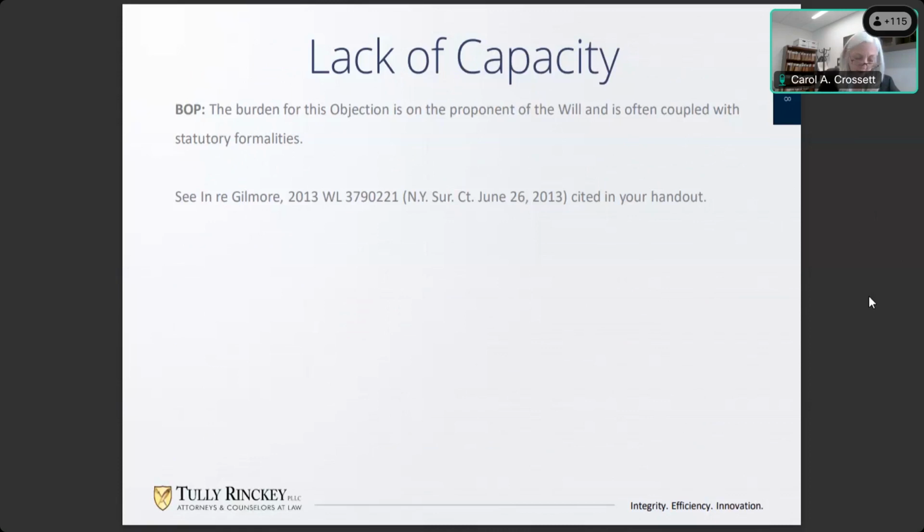And I cite this just for the proposition of what I've seen clients ask me so many times during consultations related to Alzheimer's and other diseases that you would think affect the mind.